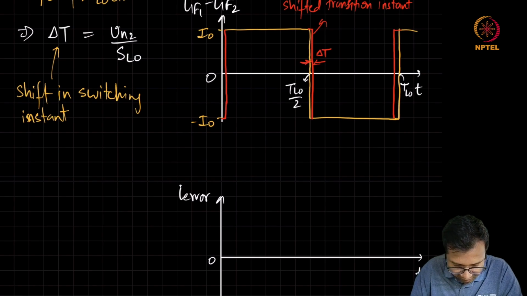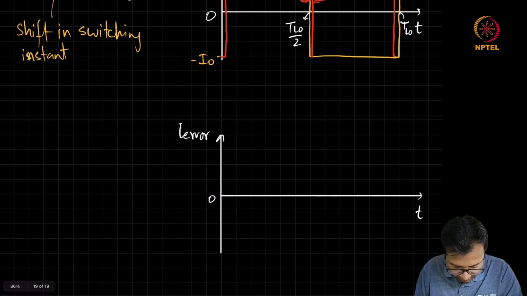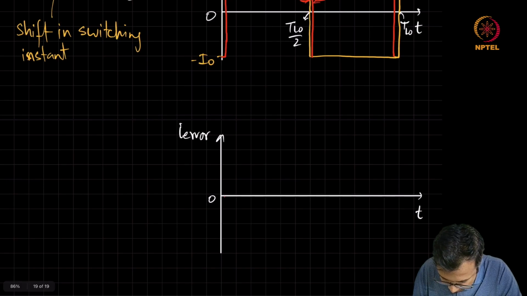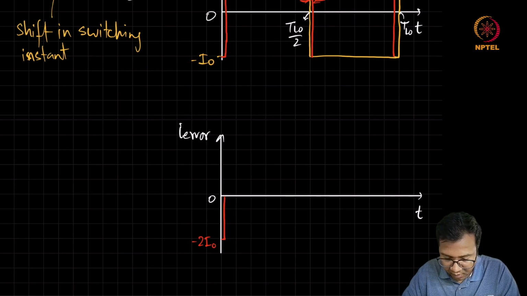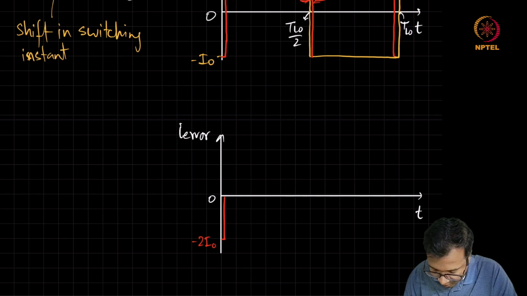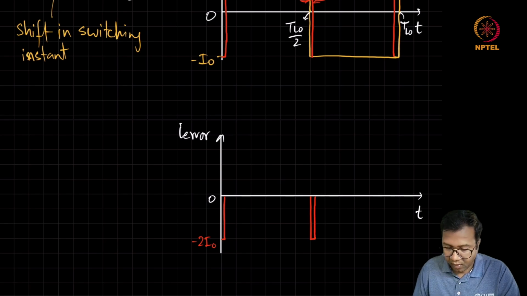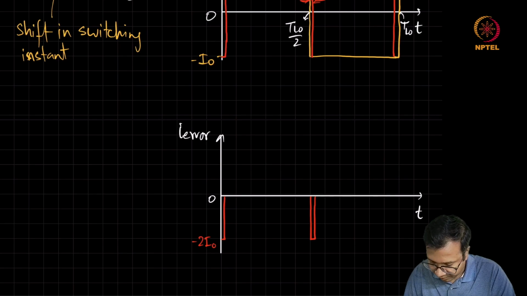So it means we can say there is a negative pulse of minus 2I naught being added to the correct output. Similarly, here also this is delayed. So you can say there is a minus 2I naught pulse of some duration delta t added at this instant.